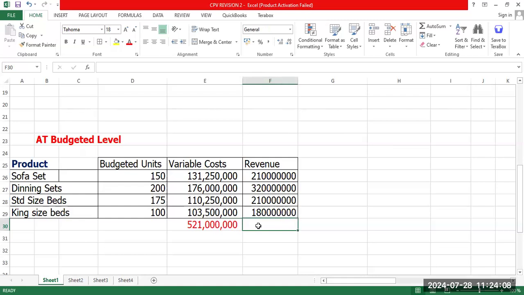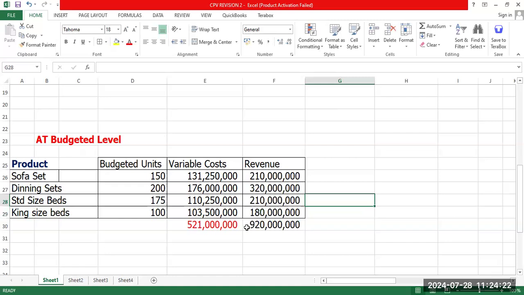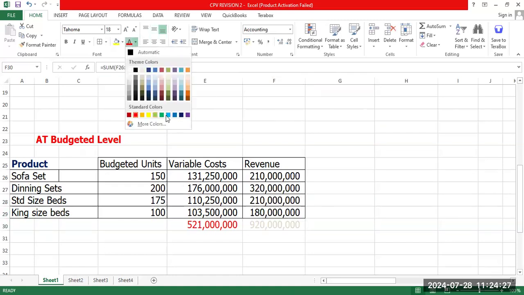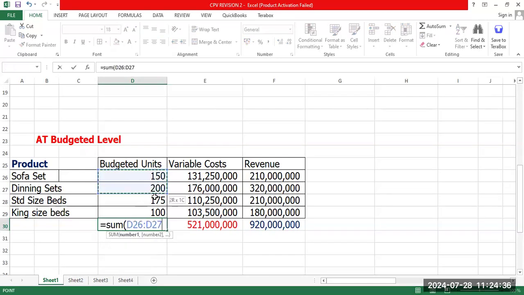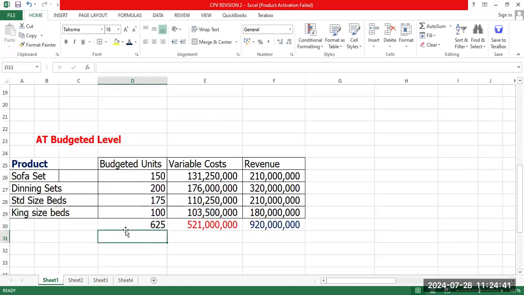What is the total? I sum up all these figures, and that is my total. Don't know whether you have the same total, but this is my total revenue. So coordinates, here you can also get the total for budgeted units, because on the graph, we put only the totals.